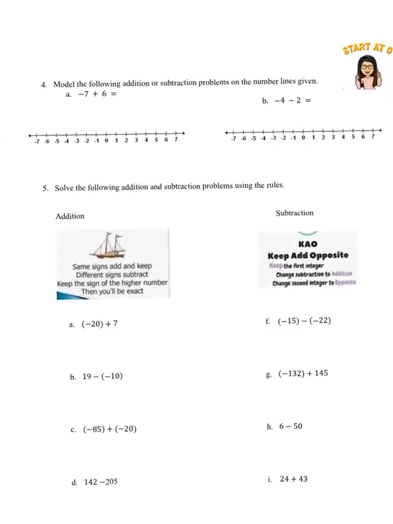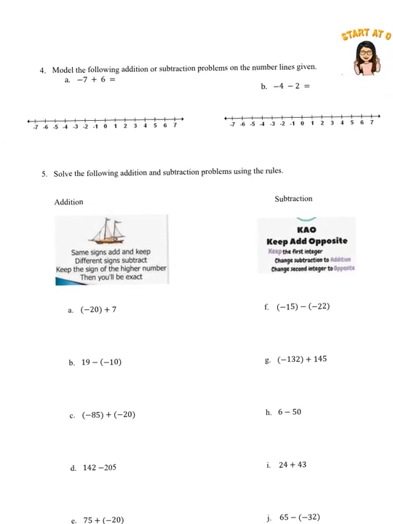Number 4, we're going to model the following addition or subtraction problems on the number line given. Let's start with -7 add 6. So we're going to use number lines, and we're going to use the arrow. Always start at 0. -7 means I go to the left 7 units. Add 6 means I'm going to go to the right 6 units.